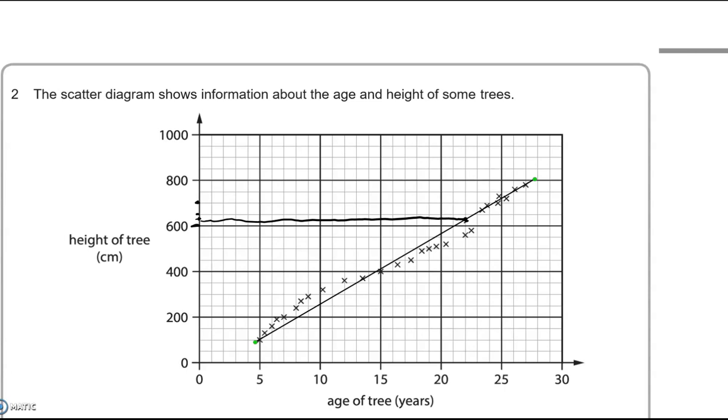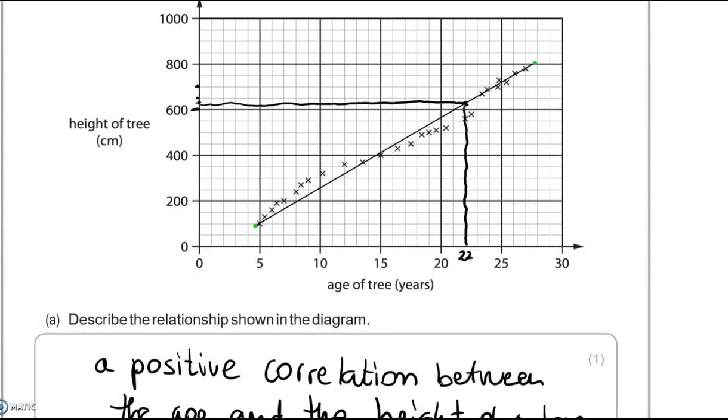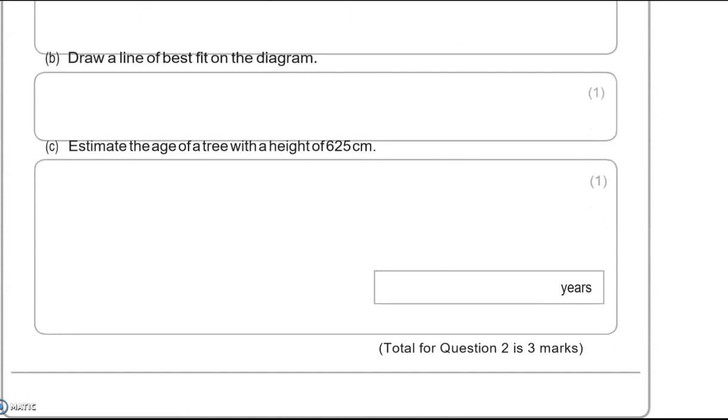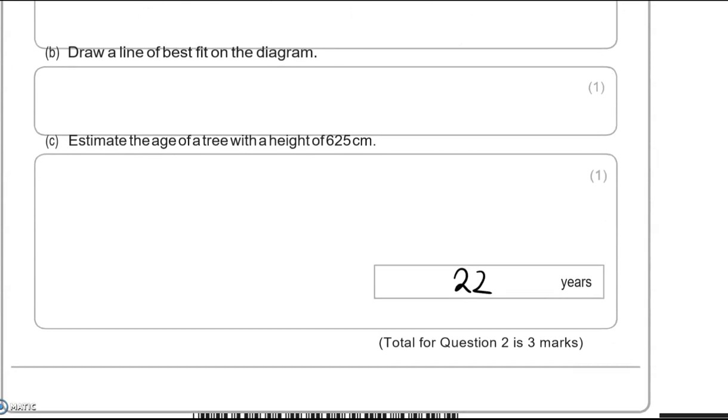So we're going to go down to the x-axis, and that gives us 22. 22 years.